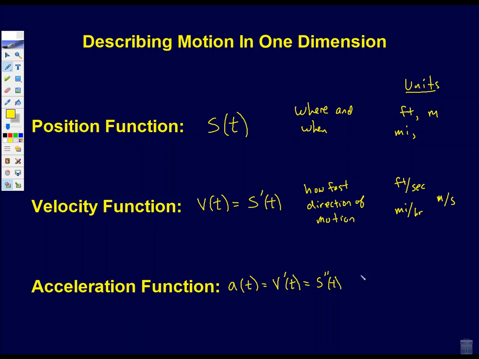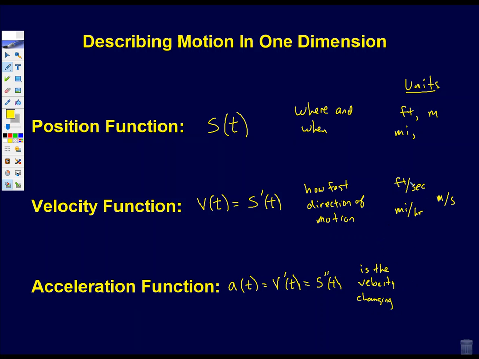This tells me things like, is the velocity changing? Okay? And by how much? Well, that would be the rate at which the unit up here is changing.